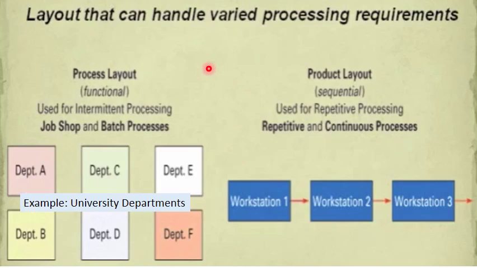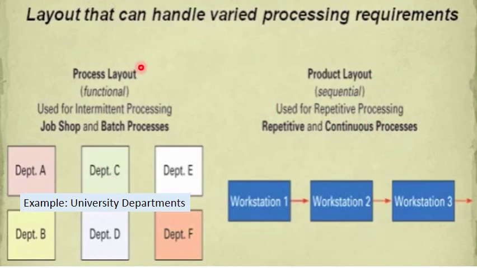This is a type of process layout, that is functional layout, because here similar purpose machines or similar purpose equipment are grouped together and used for intermittent processing, for job shop and batch process. For example, these are the university departments, and similar activities are conducted in department A, and the other types of activities which are similar may be assigned to department C. And these are the product layouts, which is sequential.